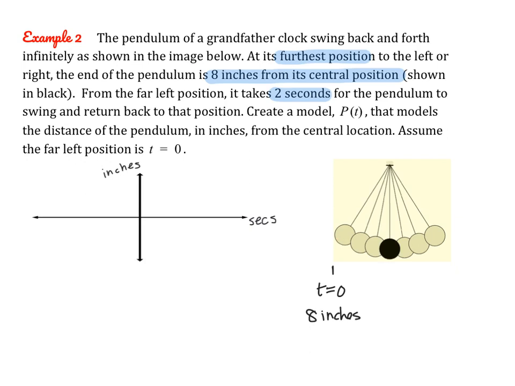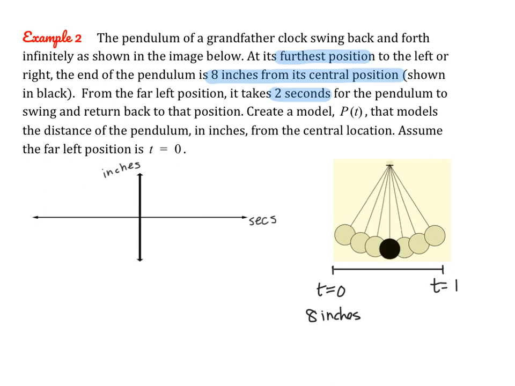So we know that it takes 2 seconds for the pendulum to swing all the way and return back to its position. So since it takes 2 seconds from here, we can assume that it's going to take 1 second for it to reach this position.